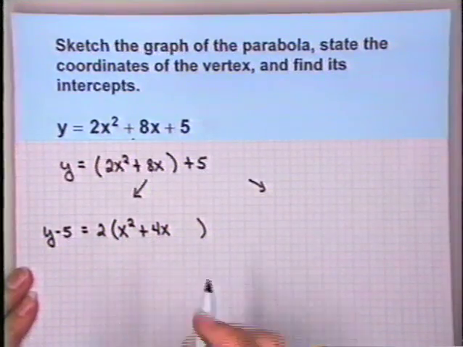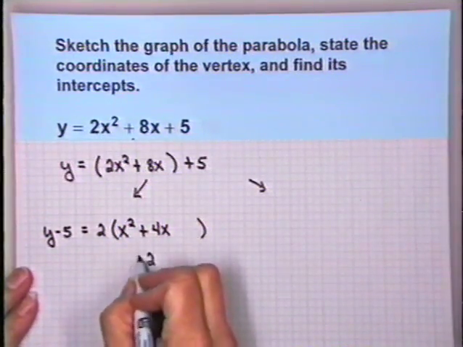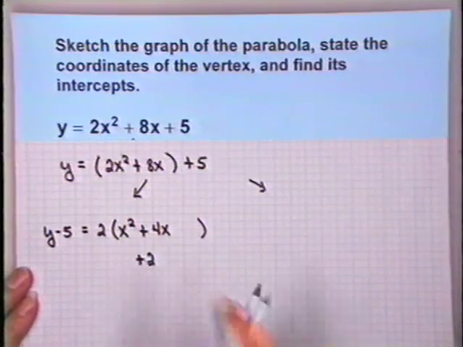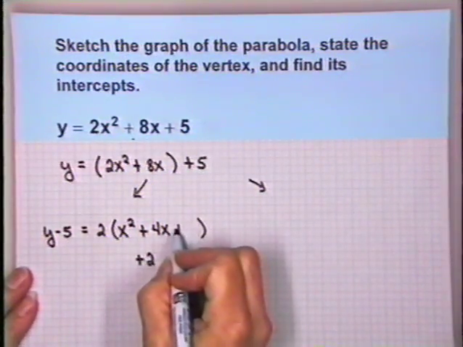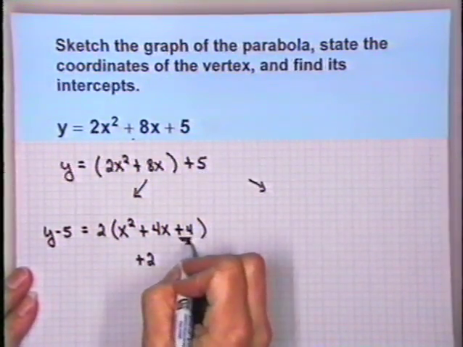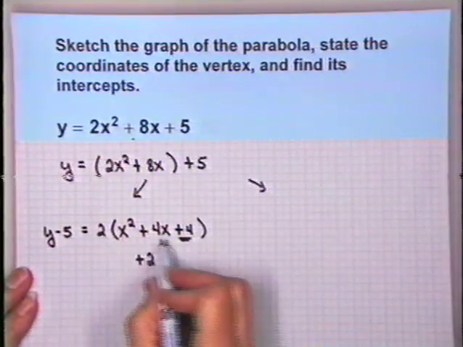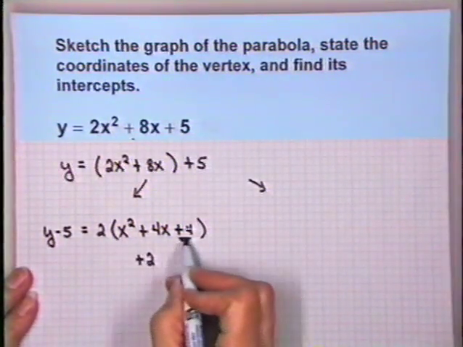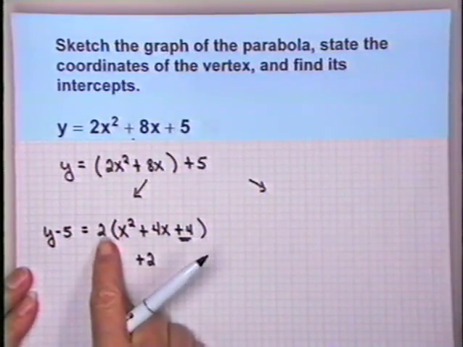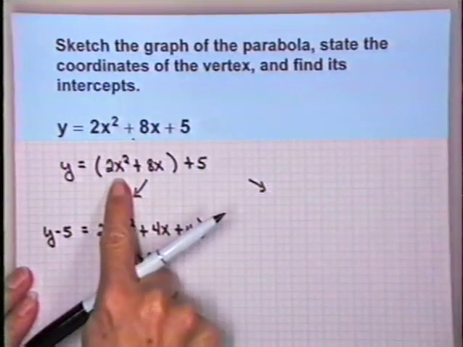I want you to notice half of 4 is a 2. It's a positive 2. Remember, then we square that. If I square 2, I get 4. You'll notice where I'm putting this 4. It's inside the parenthesis with this other step. I'm making this a perfect square. But I want you to notice right here at this step, if I multiply this out, I have my 2x squared that I had up here.